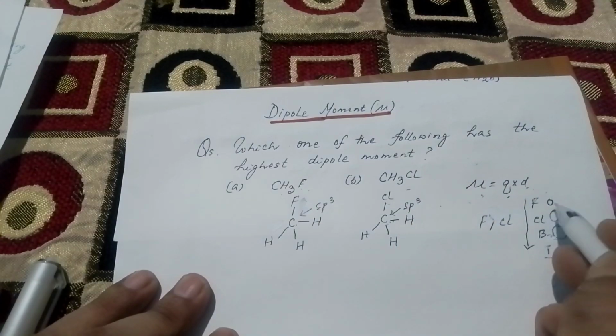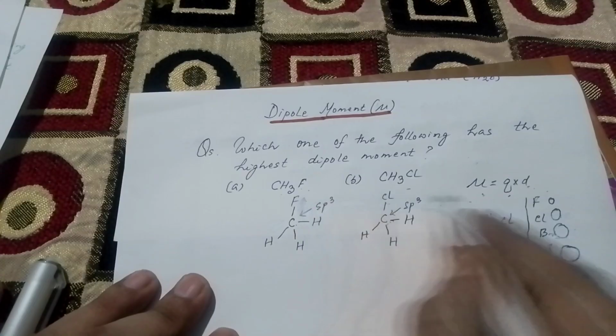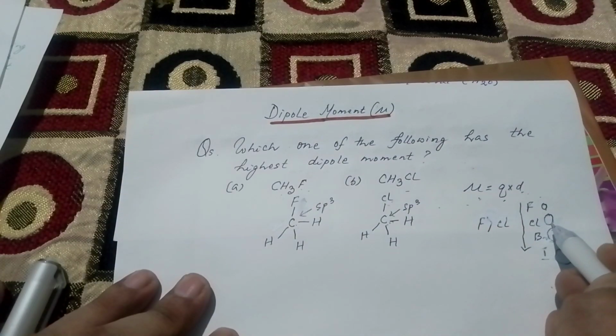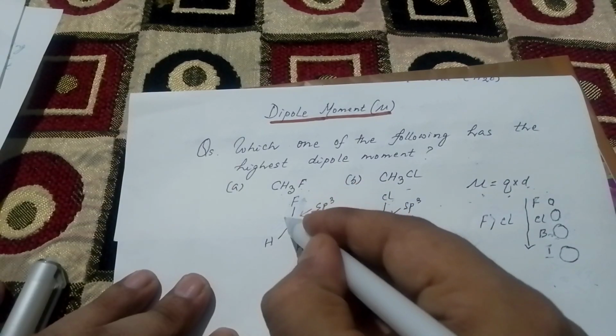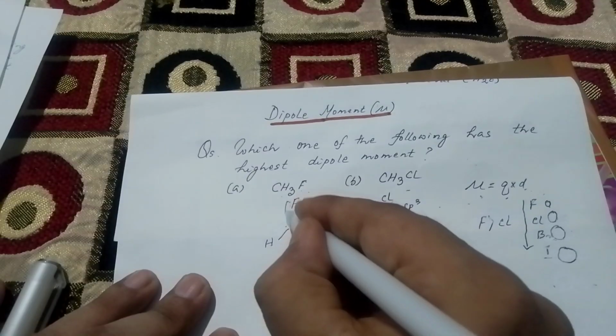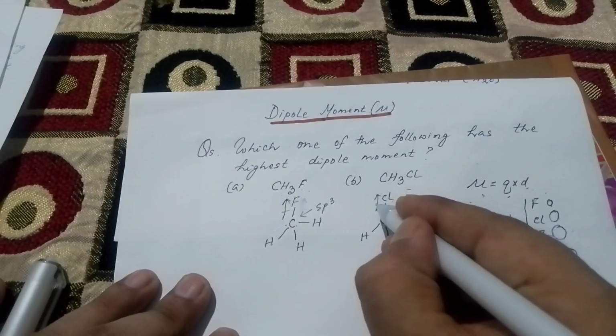Why? Because the atomic size of fluorine is the smallest compared to chlorine. The bond between fluorine and carbon has a dipole moment. First of all, let me write the dipole moment here.